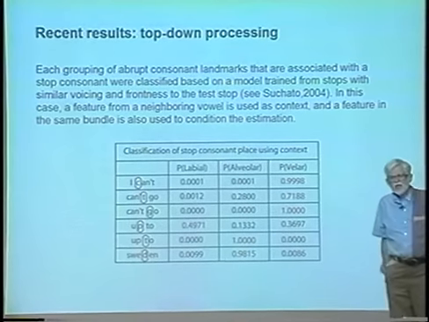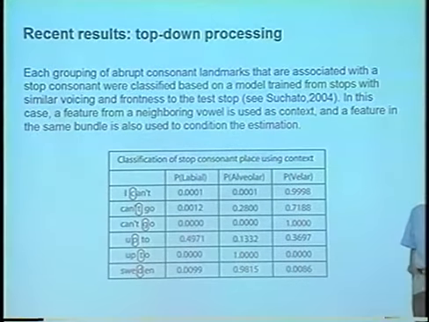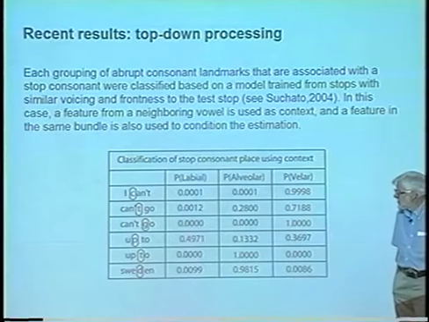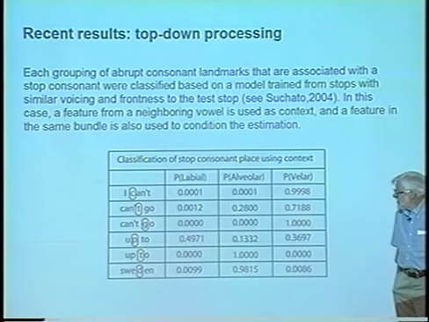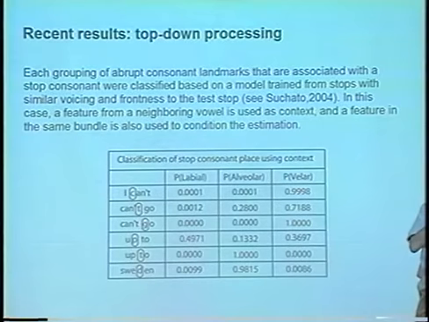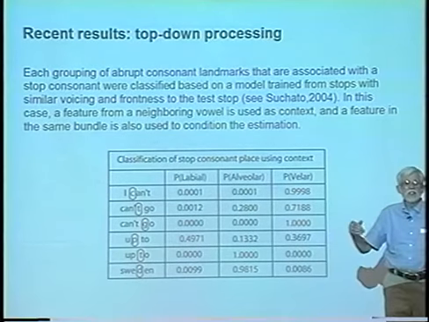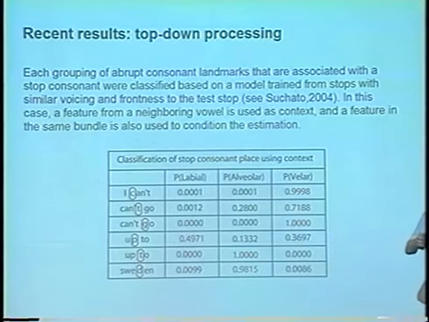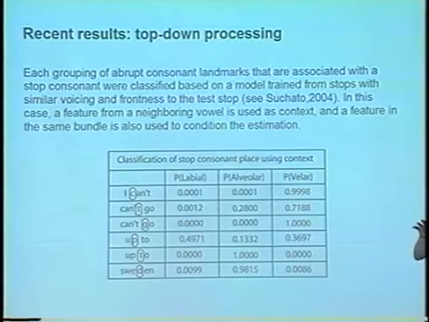He had maybe 10 or 12 parameters that were used to identify these consonants. And he found that the weighting of these parameters, if you trained this on all utterances, you get a certain weighting. If you train it only on utterances, let's say, of these stops that had an adjacent front vowel, you get a slightly different weighting. And depending on whether the consonant was voiced or voiceless, you get a slightly different weighting.